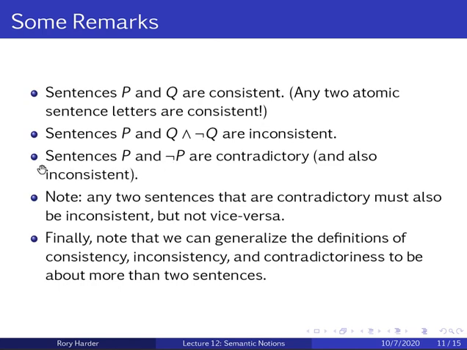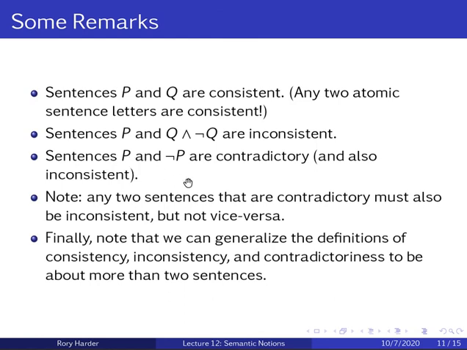Okay, third remark. Sentences P and not P are contradictory. So a sentence is contradictory with its negation. It's never the case that P and not P have the same truth value, and that's because of the meaning of negation.